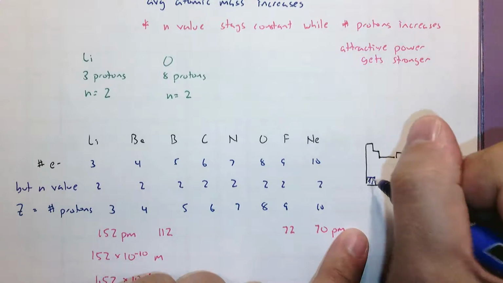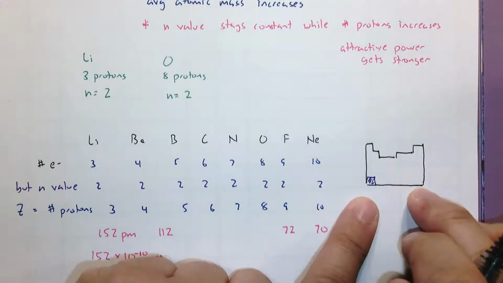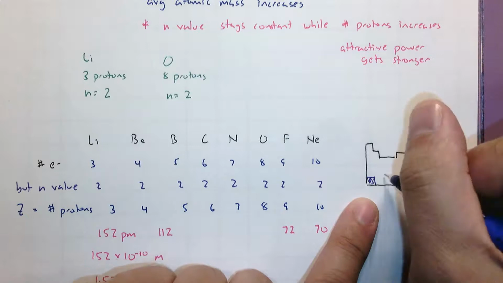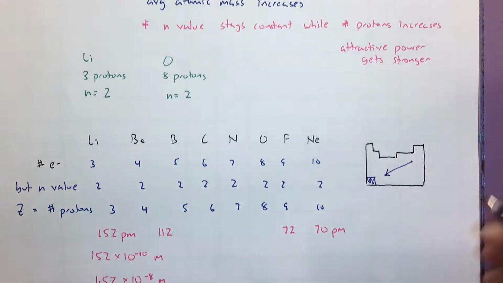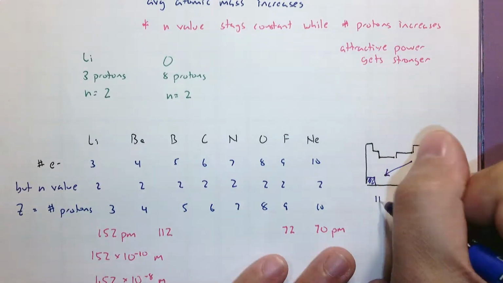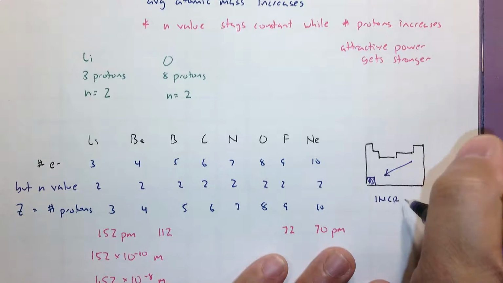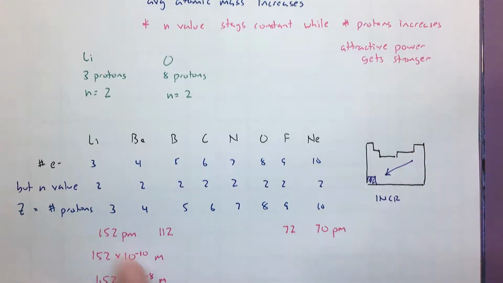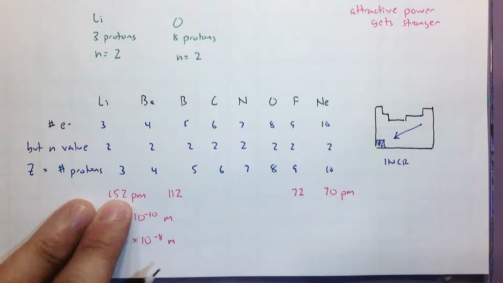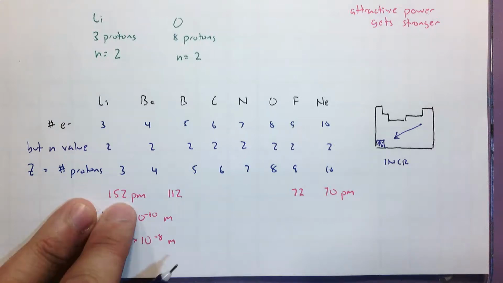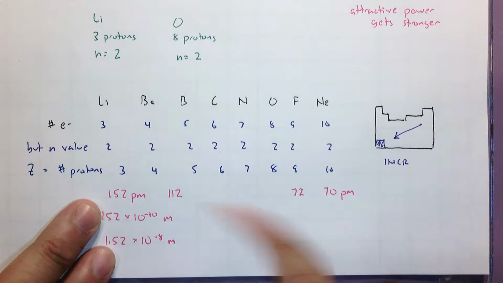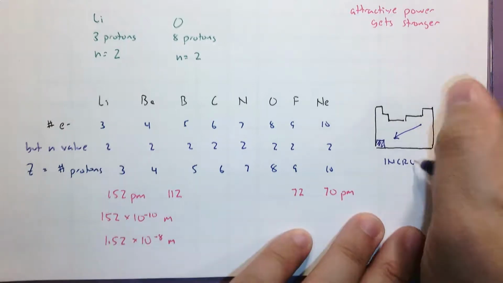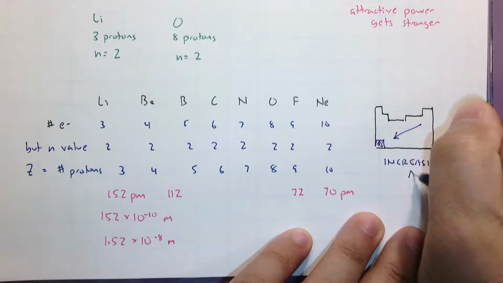When you take a look at the main body of elements, the trend goes this way. That arrow indicates increasing, because the elements on the left are larger than the elements on the right within the same period. Increasing atomic radii.